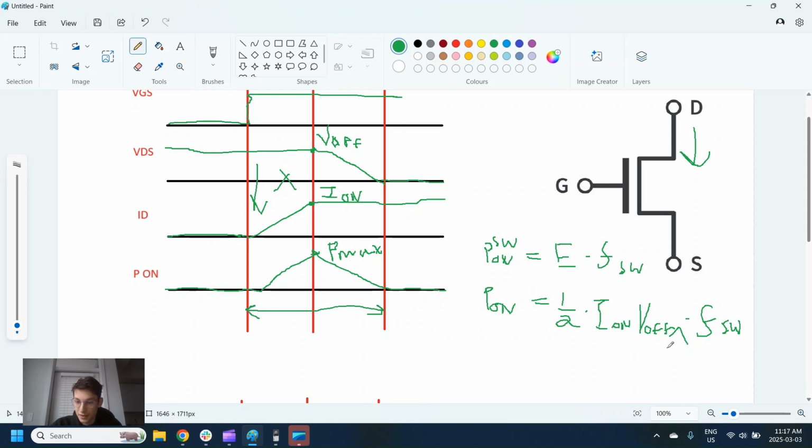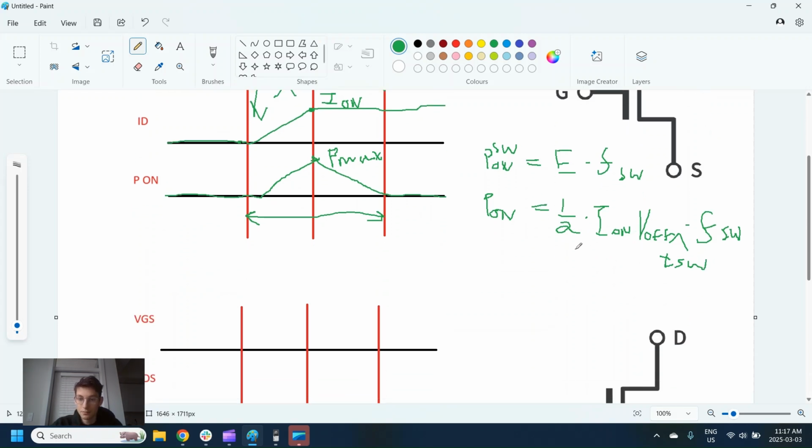We'll just call this T switch. That is our power basically in the instantaneous time where you turn it on. So this is our area under that curve, which is the energy, and our switching frequency.